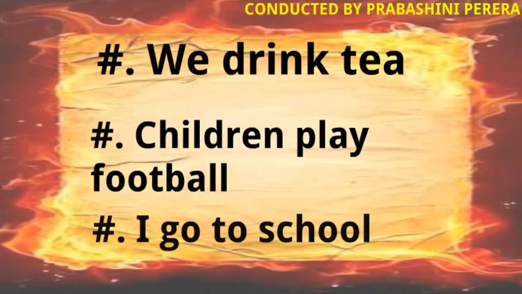So no changes can be seen in this verb. Third one, I go to school. In English, most of the time we consider I also a plural subject. Go is the verb, so no changes can be seen in this verb either.